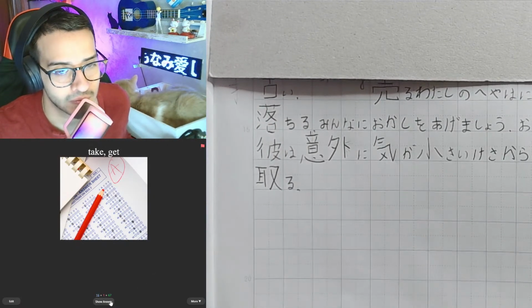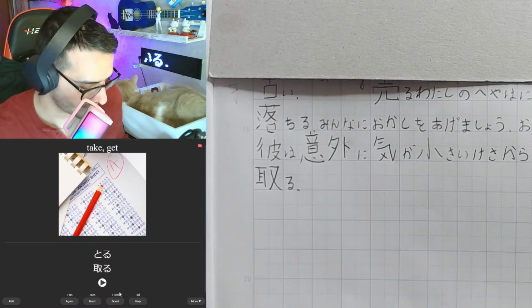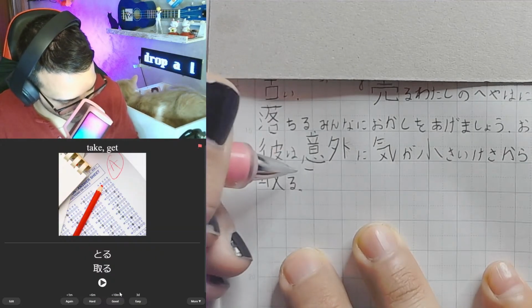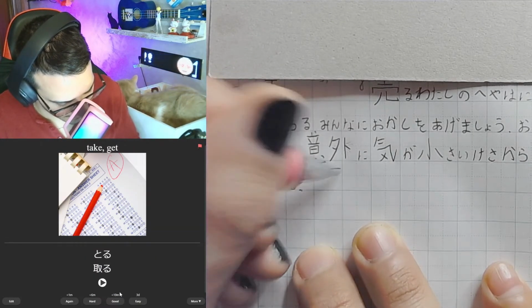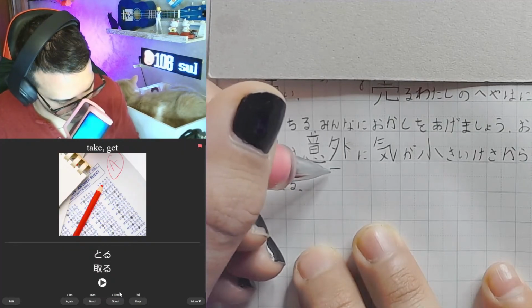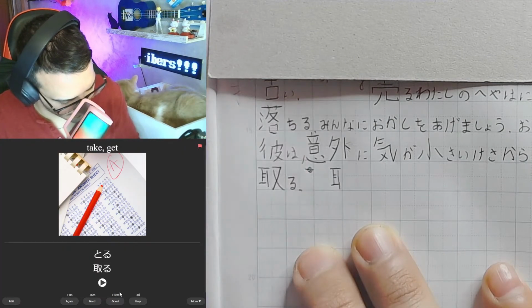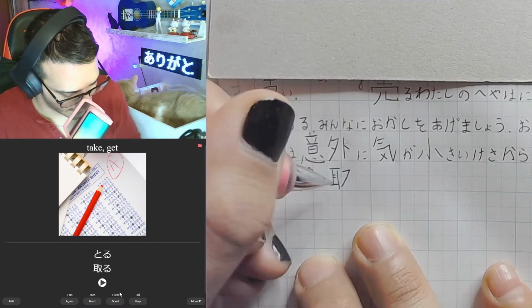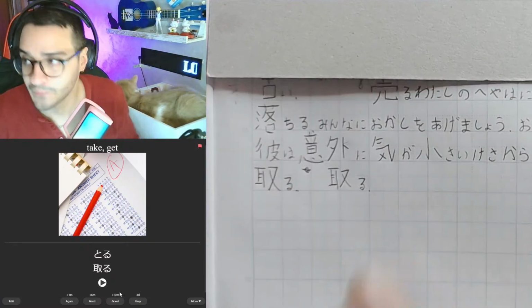Toru. 取る。Toru. So the ear radical plus again, toru.